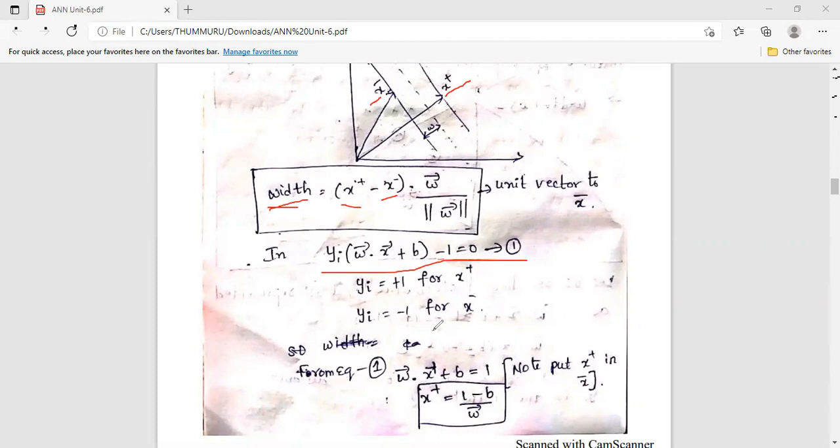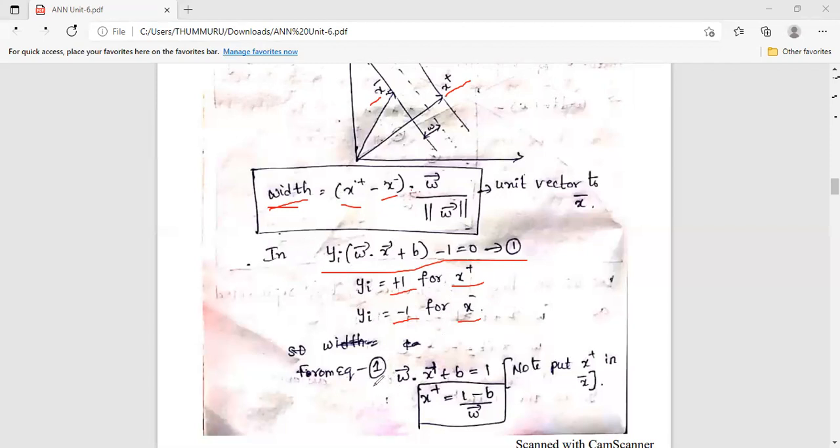Now substitute the values for yi: yi is +1 for x positive, the positive class, and yi is -1 for x negative, the negative class. Here we have divided the data into two classes. So from equation 1, we substitute 1 as yi.